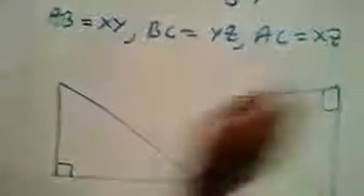If one of the angles is a right angle and this other one has a right angle, and they say that the hypotenuse of this is equal to the hypotenuse of this, if they give you any other side to be equal to any other side here, it means the triangles are congruent. That is why we call it RHS, right angle, hypotenuse, and then side. It could be this side, it could be this side. Whichever, even if they label this to be equal to this, it's still congruent.